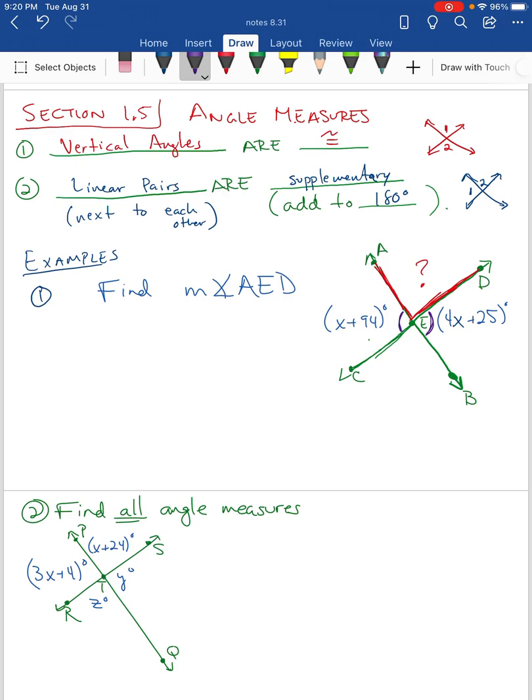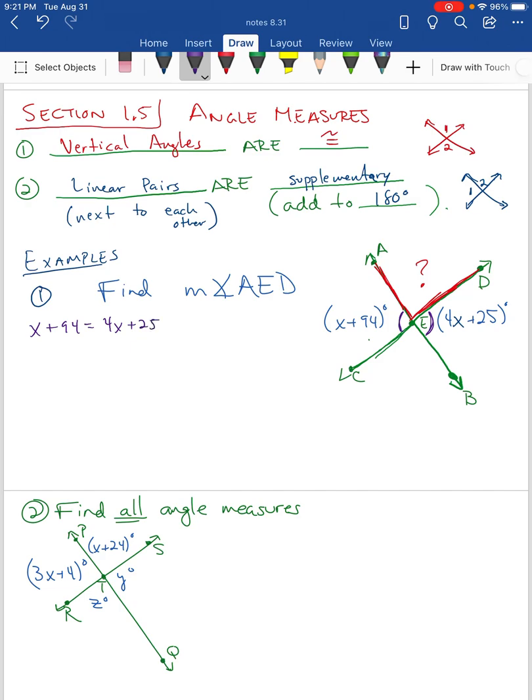In order for me to find this missing angle, I need to find one of the other angles that has an expression in it, because we can then look at the relationship of the angle that we're looking for and the angle that we solved for. Knowing that these are vertical angles, we're going to set them equal to each other. So I have x plus 94 equal to 4x plus 25.